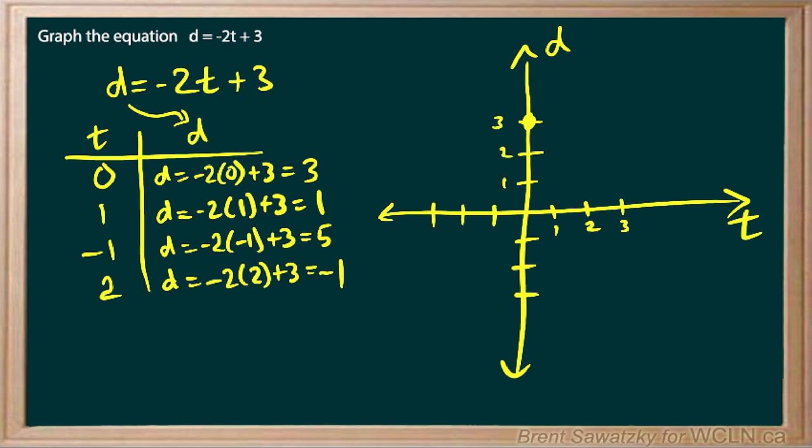Okay. And so the next point we're looking at is 1 and 1. So over 1, up 1, and there we go. There's our second point. And our third point, negative 1 and 5. Again, that one ends up way up here somewhere. Negative 1 and 5. So kind of like that.